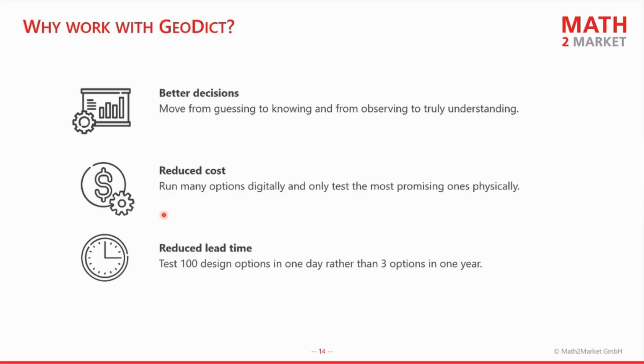You reduce the costs because you can run the digital experiments in parallel and you only test the most promising candidates physically in the lab. And you have a highly reduced lead time because you can test 100 different designs in only one day. And when you do that in the lab, you can maybe test only 3 different designs in 1 year.